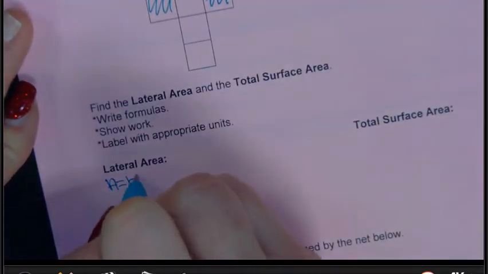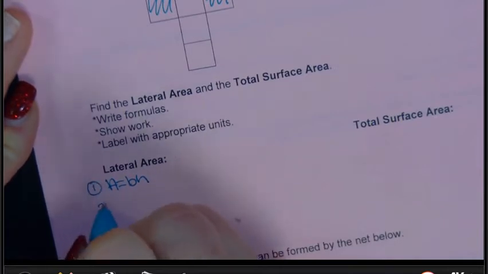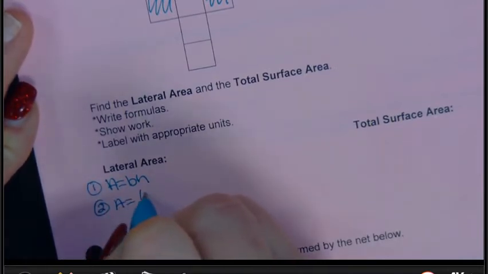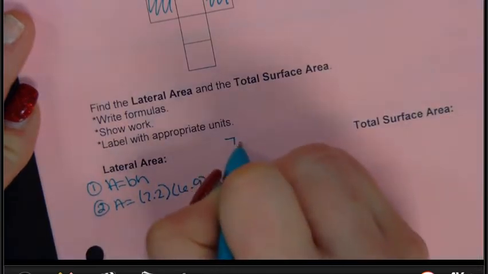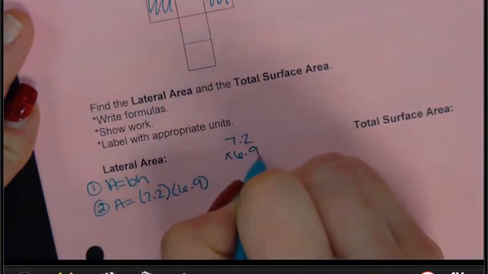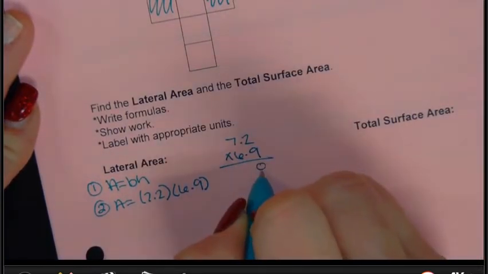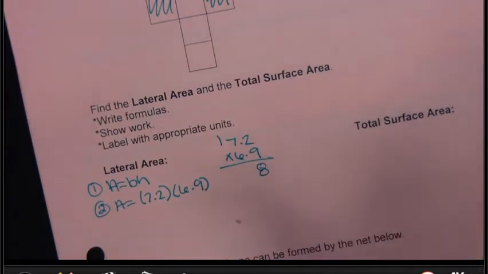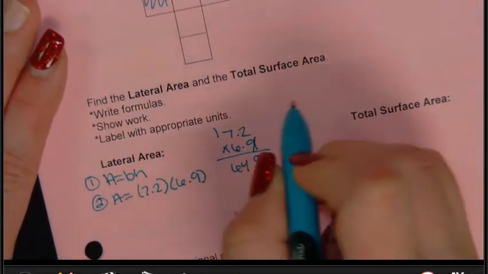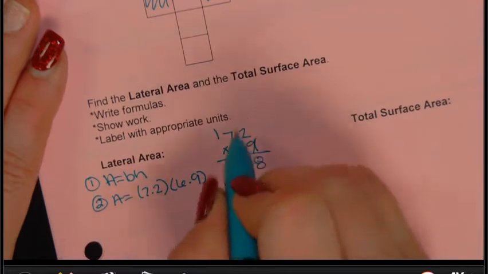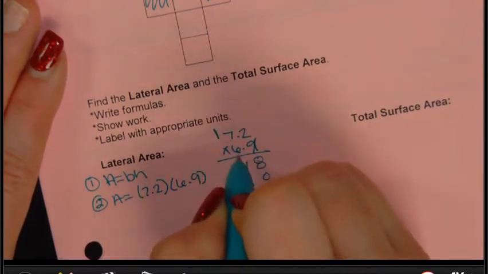Well, let's find the area of my side. So area is equal to base times the height. Area is going to equal 7.2 times 6.9. 9 times 2 is 18. 9 times 7 is 63, plus 1 more is 64. 6 times 2 is 12. Let me get that correct this time.